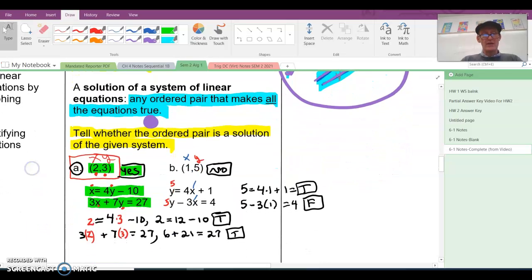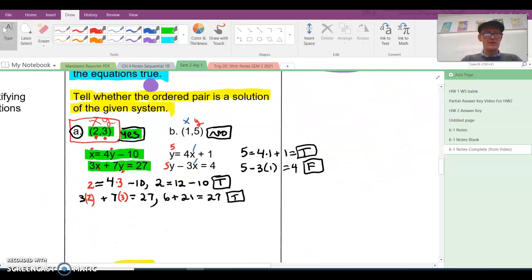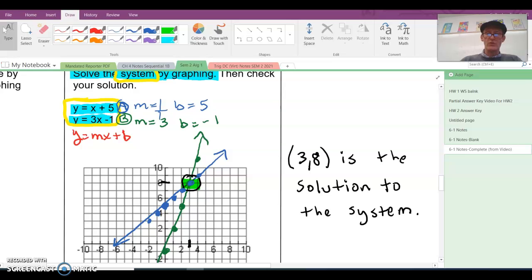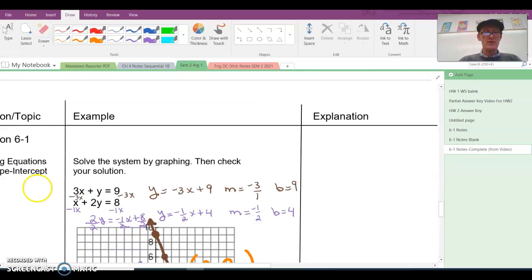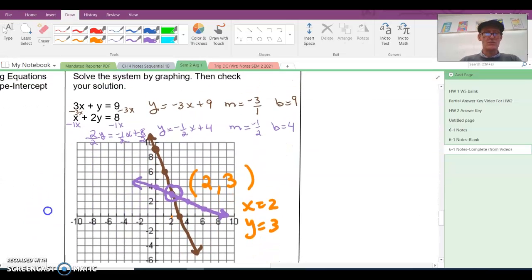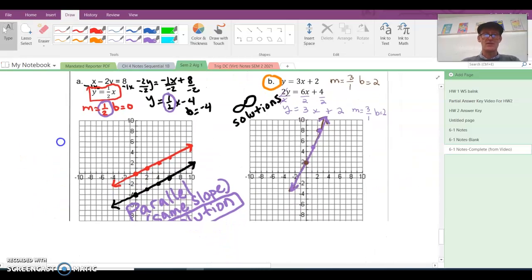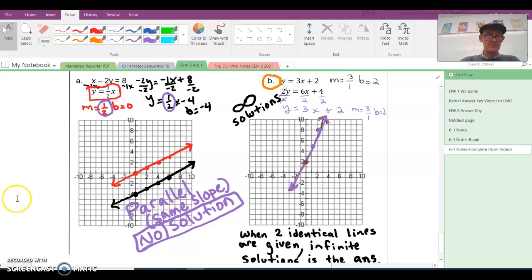So the first, though, we have to see if an ordered pair is the intersection. And we did that by substituting. And then we graphed one with one solution, and then we graphed another one with one solution, but we had to solve for y. And then we had our 2 special cases right there. All right, a good day.